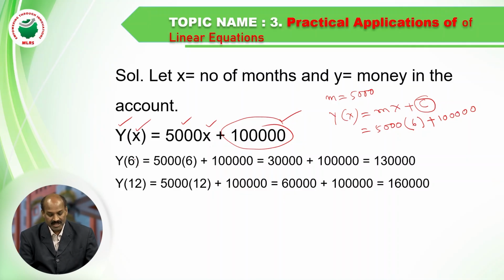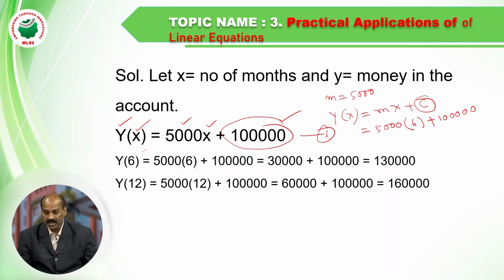Therefore, y of 6 represents the amount in the account after 6 months. So for y of 6, we just put x equal to 6 in this equation, then we will get the amount in the account after 6 months. So y of 6 equals 5,000 into 6 plus 1 lakh, that is 5,000 into 6, 30,000, plus 1 lakh.